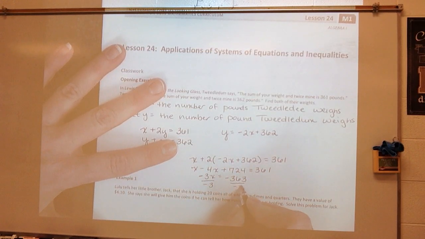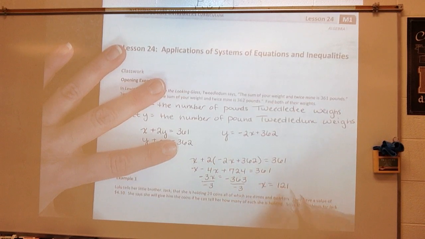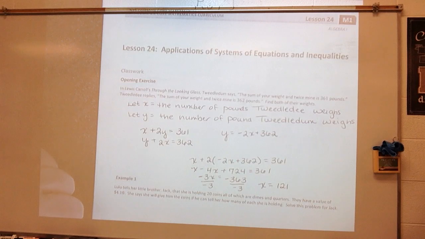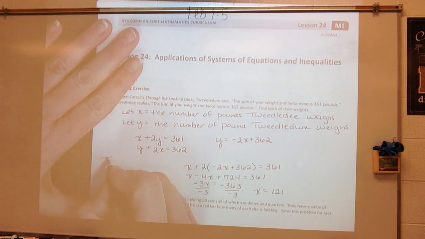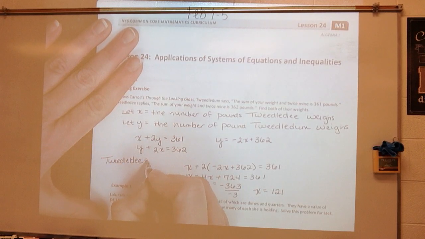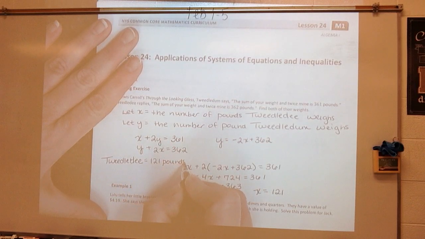Divide by negative 3, x is equal to 121. So I know that Tweedledee weighs 121 pounds because he's x.